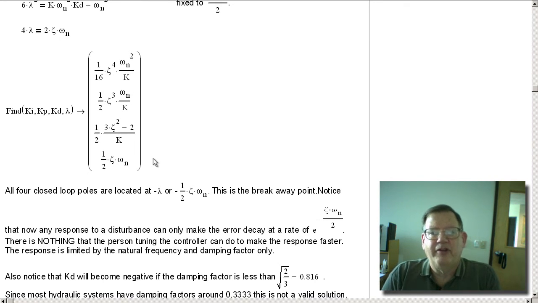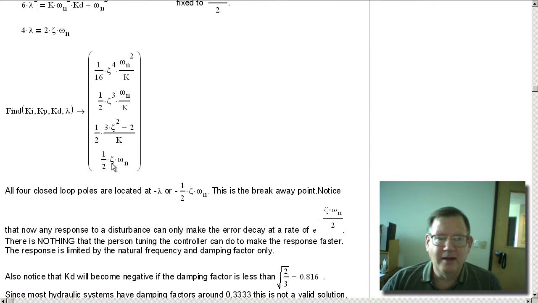Remember, in the first example, I showed you that there is an exponent e to the minus lambda times t. Well, now the exponent is going to be e to the minus zeta omega divided by 2. So this is determined by the mechanics, the diameter of the cylinder, the length of the cylinder and the mass. And you can see that the control person doesn't have any choice here.